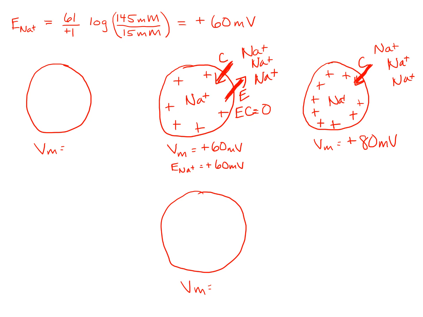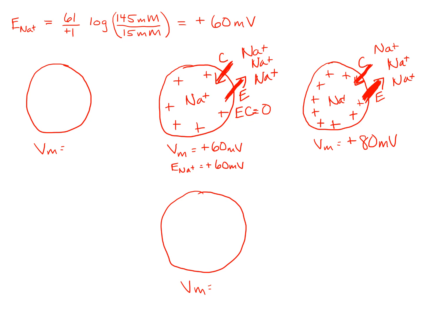So at plus 80 millivolts, there's a lot more positive charges inside the cell than there were at plus 60. So sodium says, oh, I want to get out of the cell even more than I did at plus 60 millivolts. So we're going to draw that electrical driving force even thicker than it was at plus 60 millivolts.